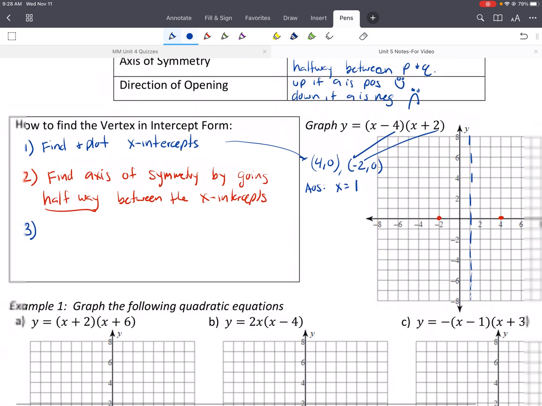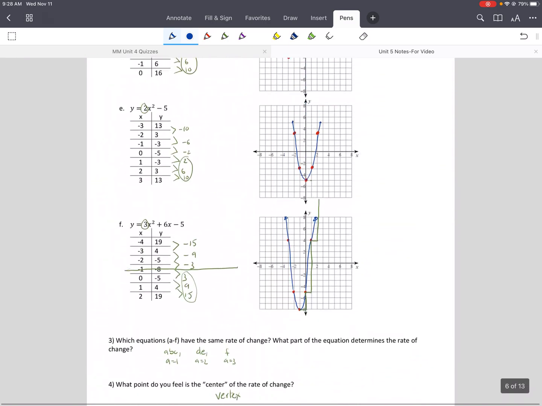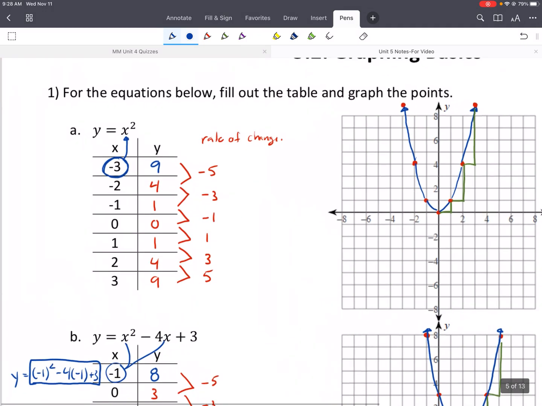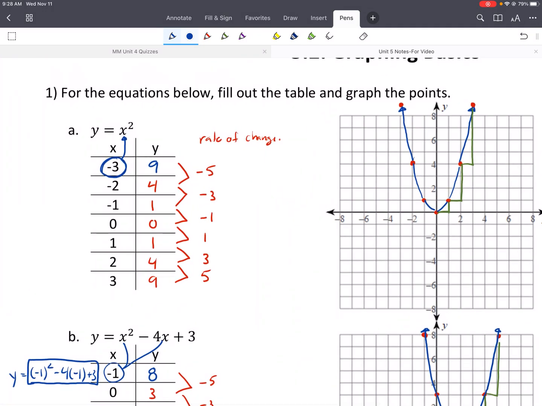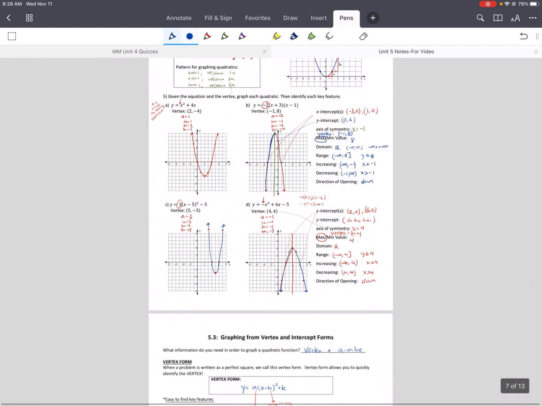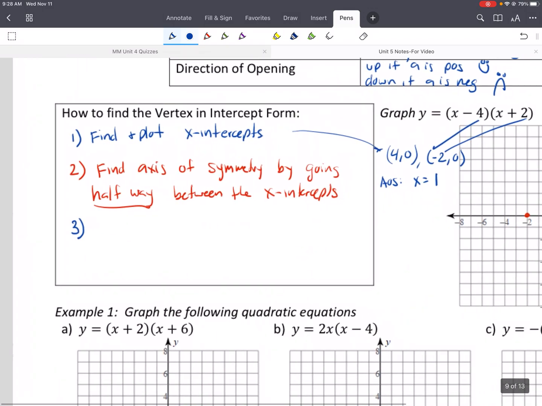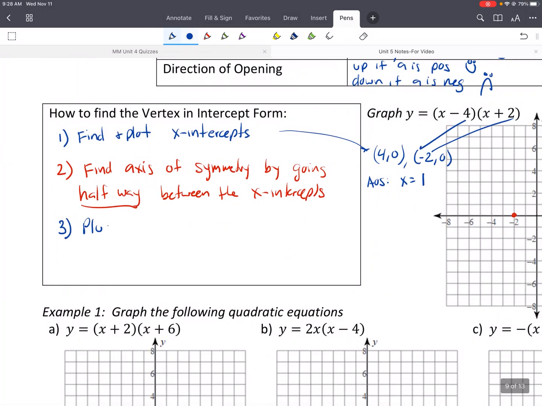If we have an x and want to find a y, all we need to do is substitute it into our equation. So we will plug the axis of symmetry into the equation to get the y of the vertex.